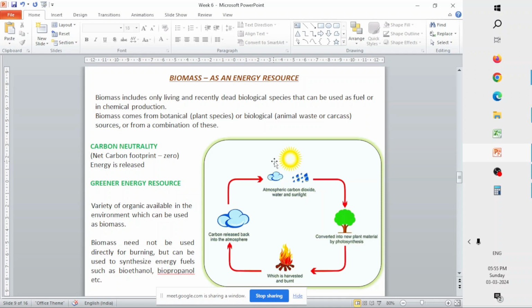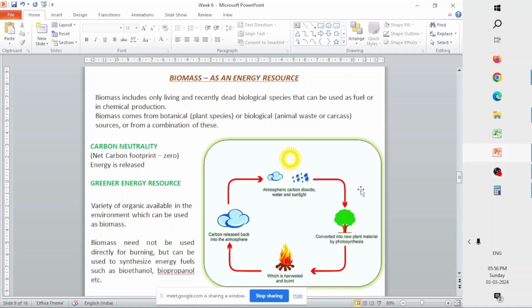Now when these plants die, or when you use these plants and burn them, you are going to release carbon dioxide. The carbohydrates which were synthesized are burnt with oxygen, because for burning, oxygen is required, at an increasing temperature, resulting in the formation of carbon dioxide.